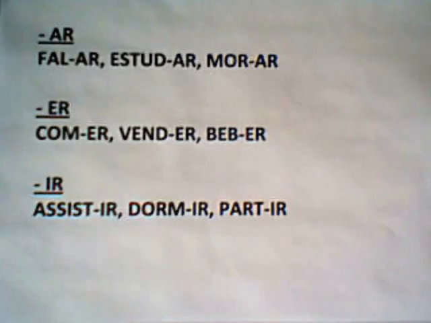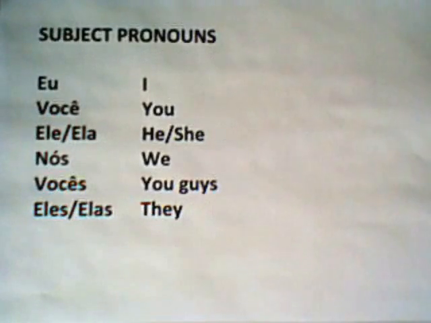Before we move on, I'd like to review the subject pronouns in Brazilian Portuguese. For I, it's eu, you singular, você, he is ele, she, ela, we, nós, you guys, or the you plural, is vocês, and they is eles if it's men, and elas if it's a group of women.